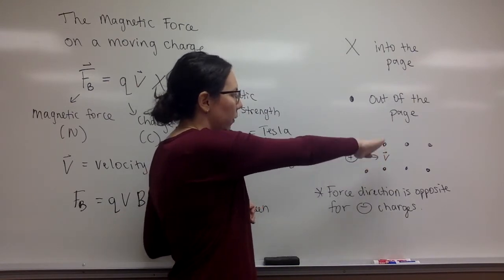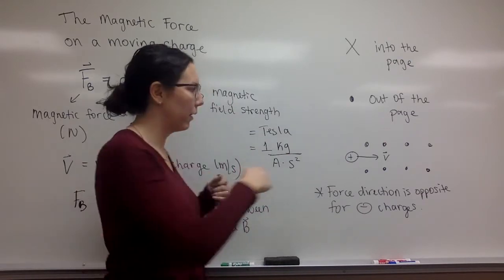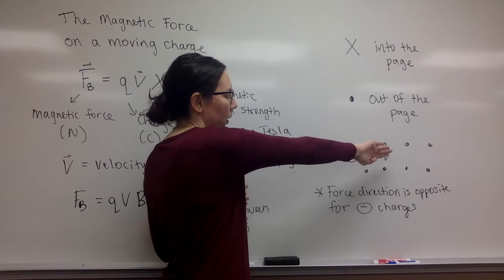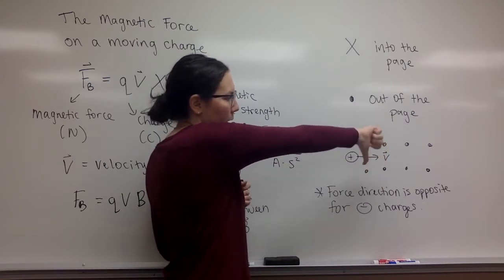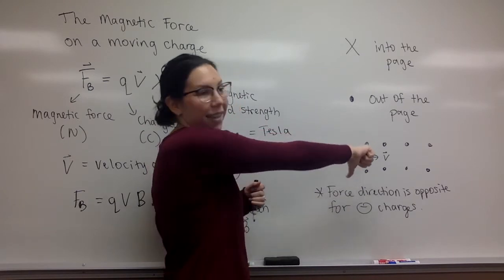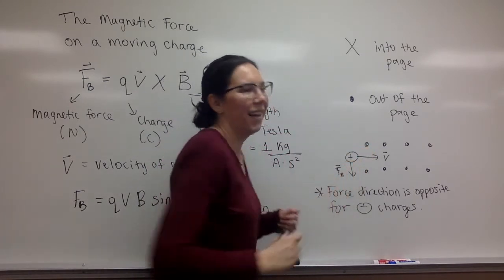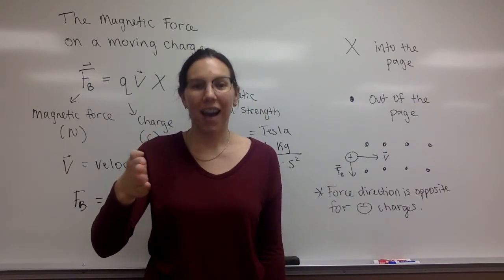So our magnetic field is out of the page, with the positive charge going in this direction for velocity. Now I'm going to turn my hand so that I can curl my fingers in the direction of the magnetic field. I have my fingers in the direction of the velocity, but I'll turn them so that I can curl them out of the page. And when I do that, because that's my magnetic field direction, the force is down on that positive charge. So the instructions were: place your fingers in the direction of the velocity of the moving charge.